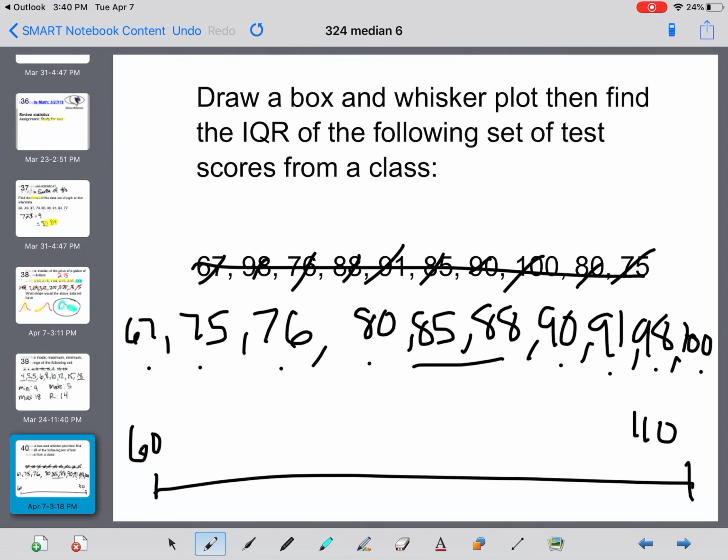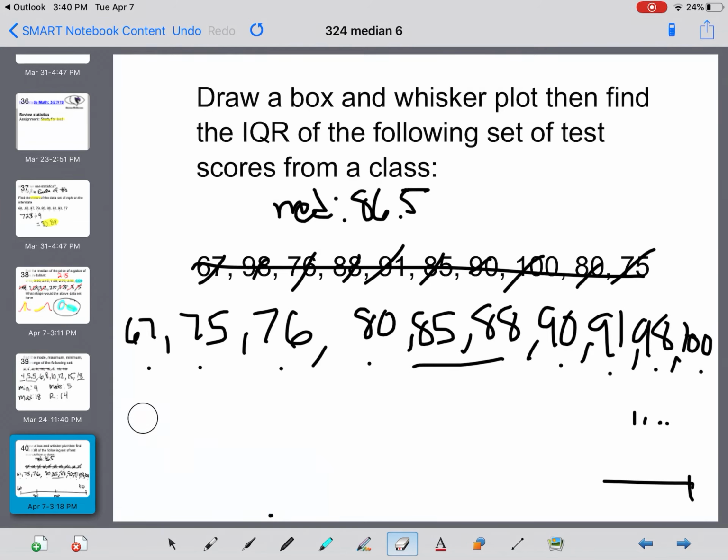I'm going to need to be, we said 86.5 for our median. And that would be about 20, let's make an 80 here, a 100 here. Oh, I messed up on my number line here. Let's just erase it.